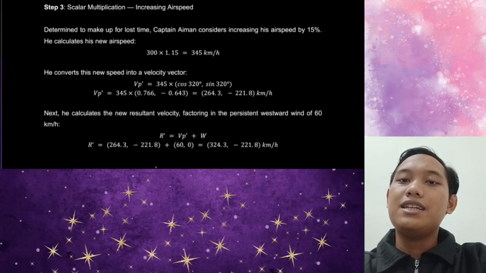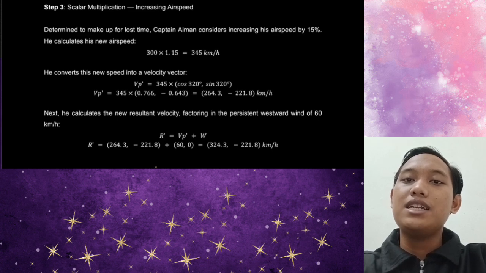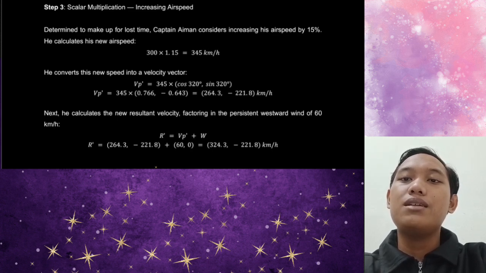Okay, lastly, scalar multiplication: increasing the airspeed. Determined to make up for lost time, Captain Aiman considers increasing his airspeed by 15%. He calculates his new airspeed. First, 300 times 1.15 equals 345 km per hour. He converts this new speed into a velocity vector.